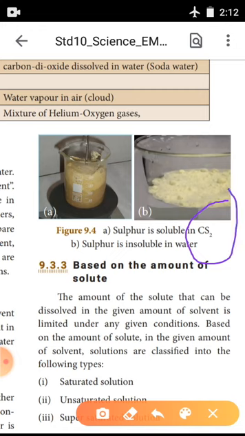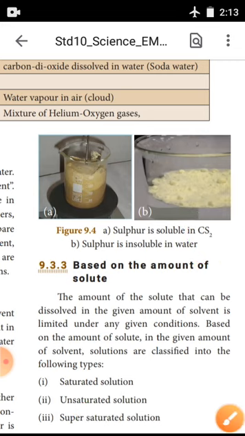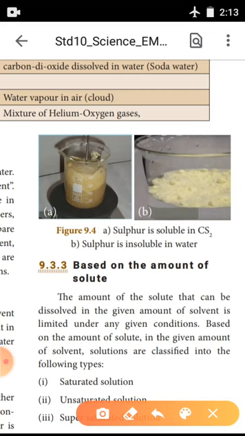Soluble means dissolved, so sulfur is dissolved in carbon disulfide. Then in the second picture B, sulfur is insoluble in water.